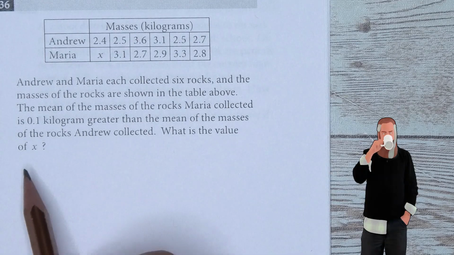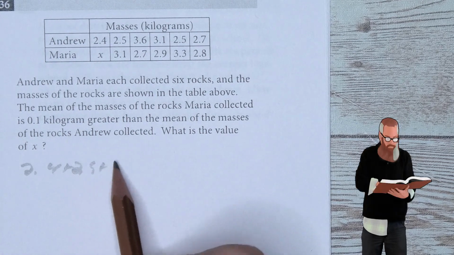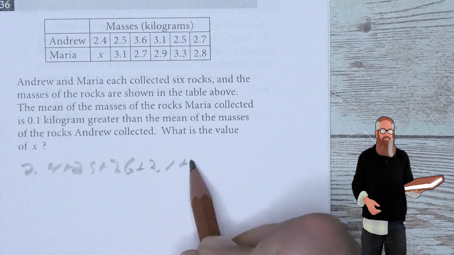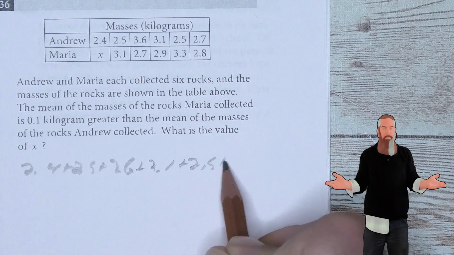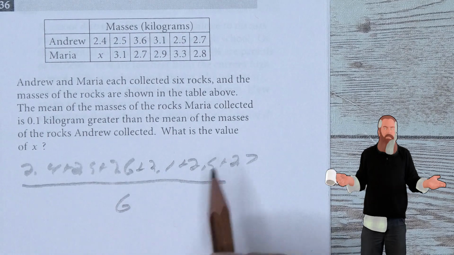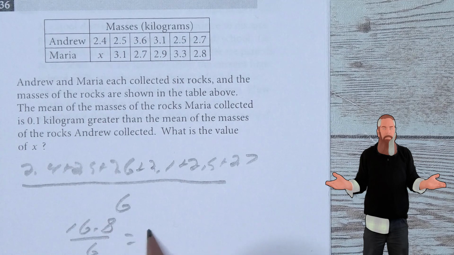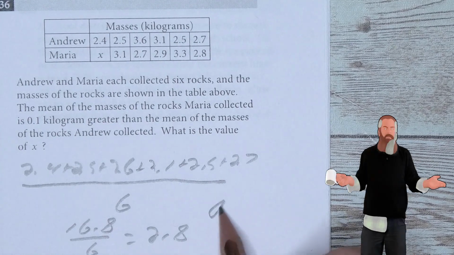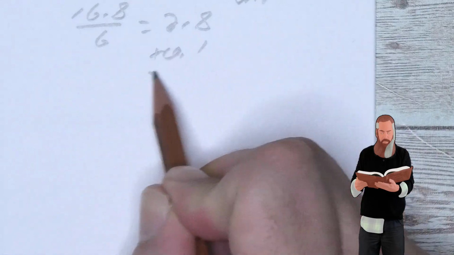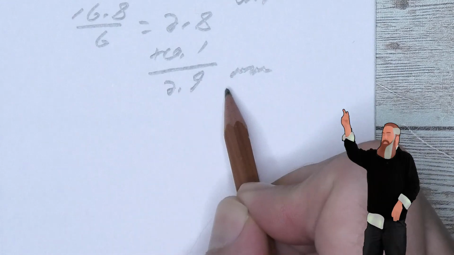We need to start by finding the first mean, which is 2.4 plus 2.5 plus 3.6 plus 3.1 plus 2.5 plus 2.7 divided by 6. This means we're looking at 16.8 divided by 6, which is 2.8 for Andrew. If we add 0.1 to that, we get 2.9 for Maria's mean.